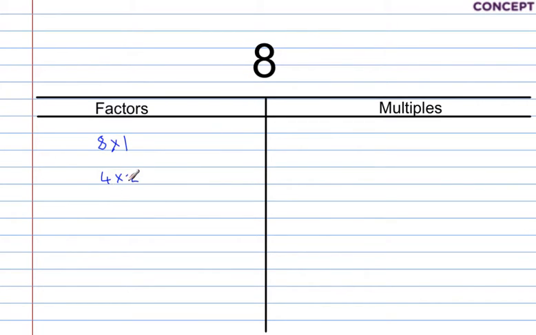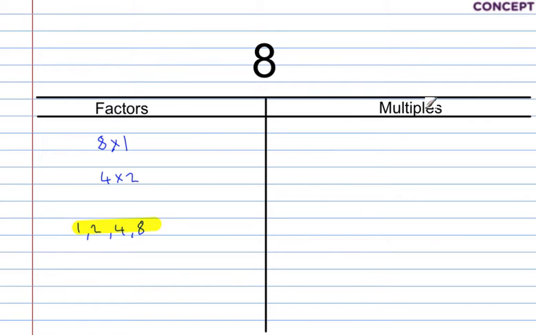And there are no other factors for 8. There's no other whole numbers that multiply to give 8. So the list of factors of 8 would be 1, 2, 4, and 8. So they are the factors of 8.